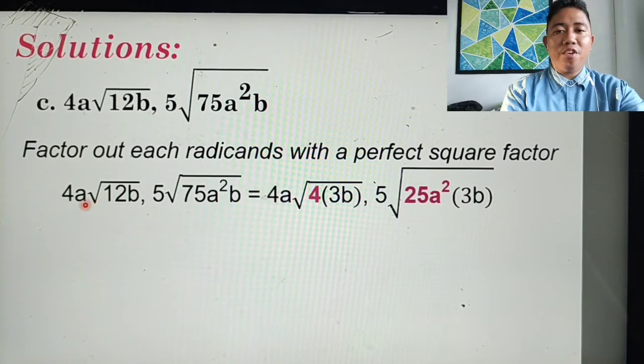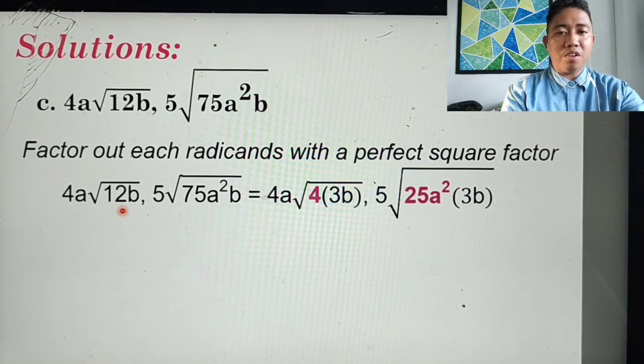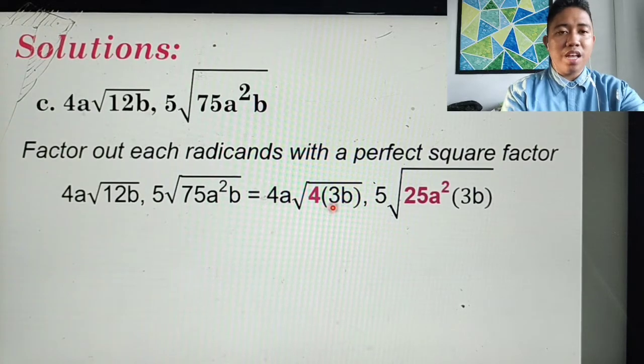So we have 4a square root of 12b and 5 square root of 75a squared b. We factor 12b first. Let us factor the numerical coefficient: 4 times 3. So 4 is a perfect square, and we copy the variable b. It becomes 4 times 3b.